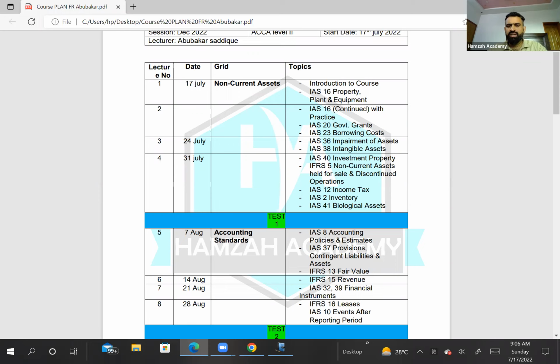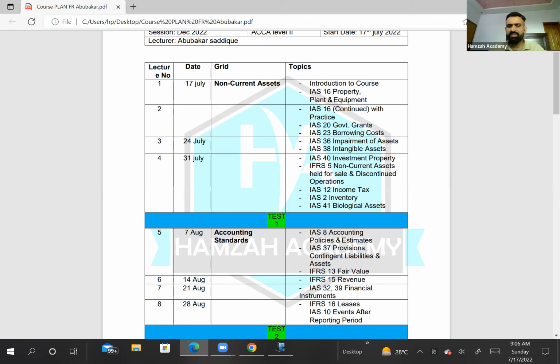Then we have IAS 36. IAS 36 is the accounting standard of impairment. Impairment means a reduction in the value of the asset due to some incident or some adverse situation. Impairment of asset. IAS 38: in IAS 38 we will discuss the accounting of intangible non-current assets like software, brands, franchise rights, licenses.